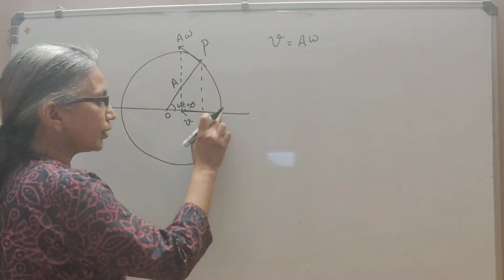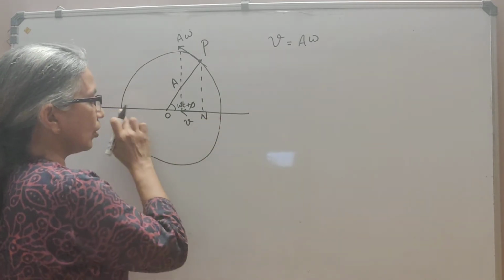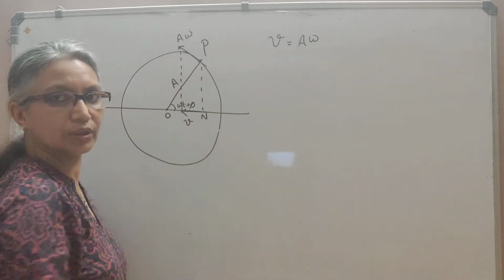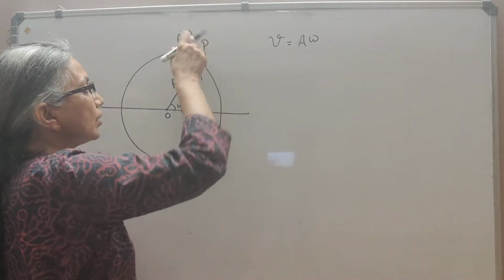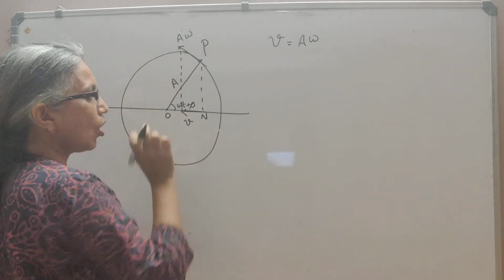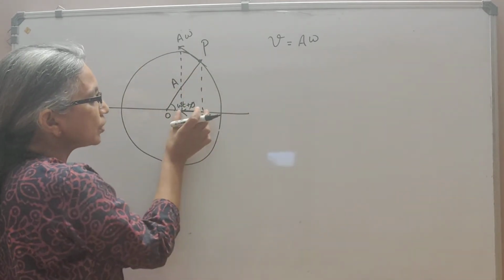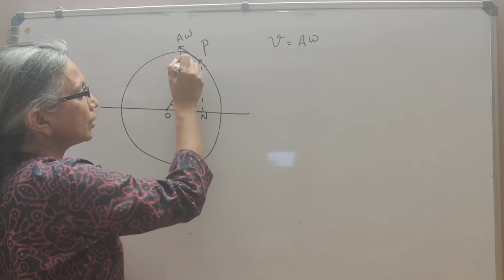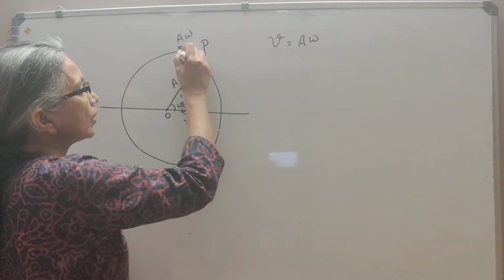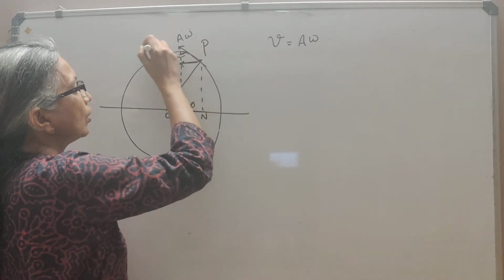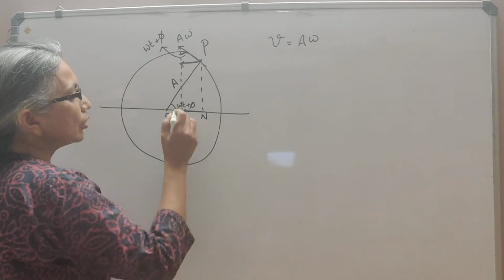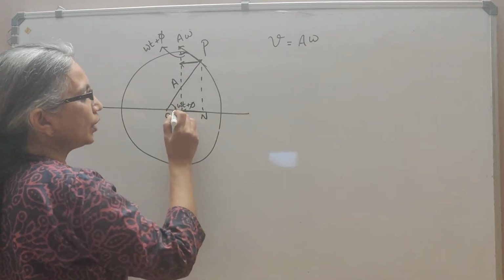Because N is the simple harmonic oscillator, which is a projection of this particle onto the diameter. What I have done here is I have taken the projection of the velocity of this reference particle onto the diameter. So this is the velocity which is equal to this. Now this angle here will be omega t plus phi.